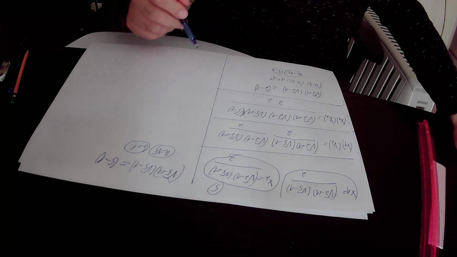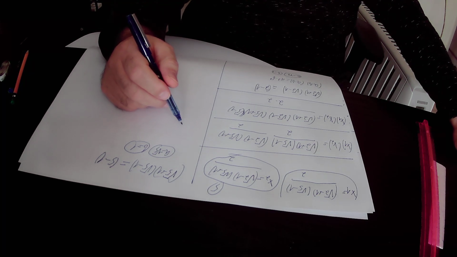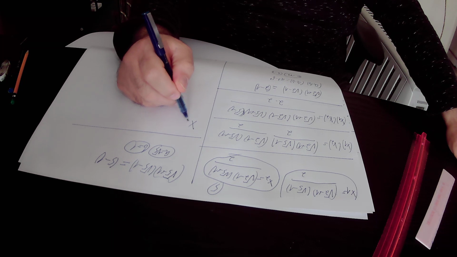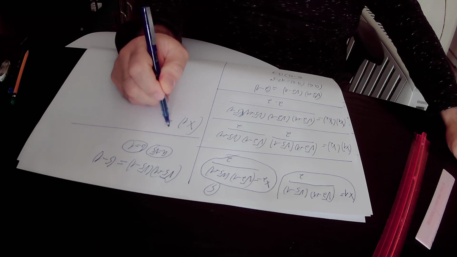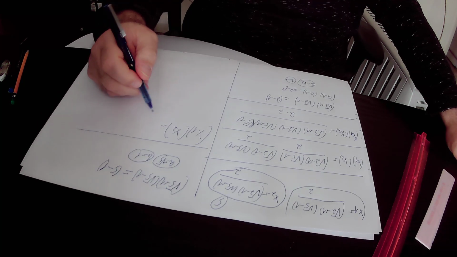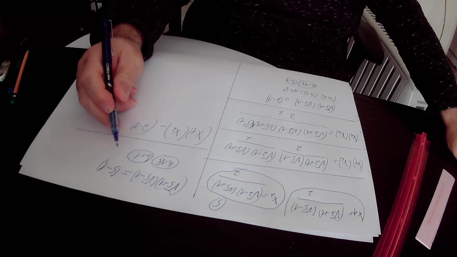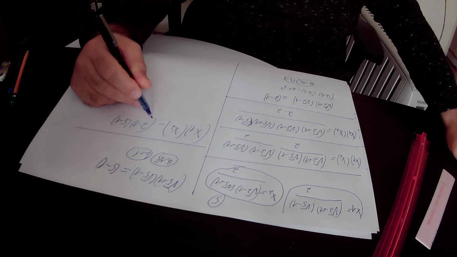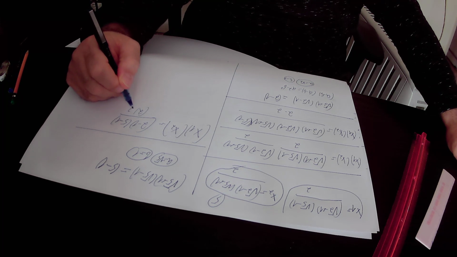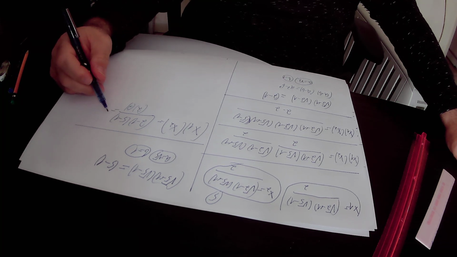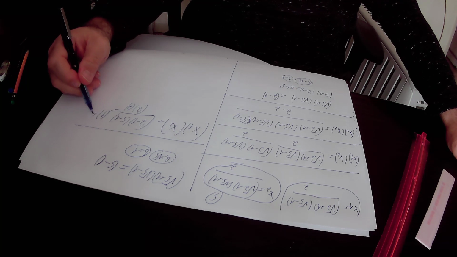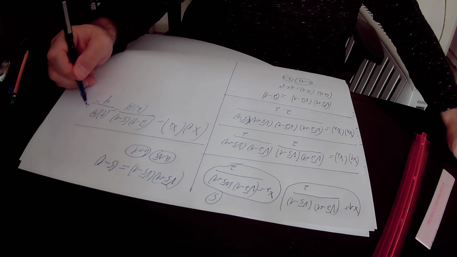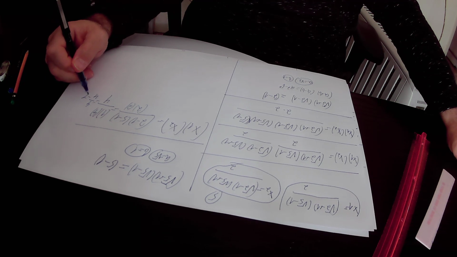So we found out actually that x1 times x2 equals to 2 minus 1 times 5 minus 1 all divided by 2 times 2. 2 minus 1 is 1, 5 minus 1 is 4, all divided by 2 times 2 is 4. 1 times 4 is 4, and 4 over 4 is 1.